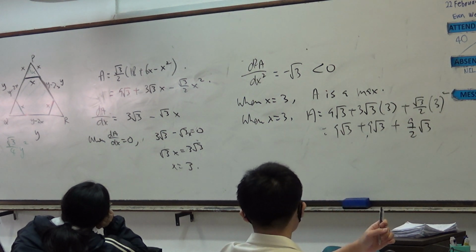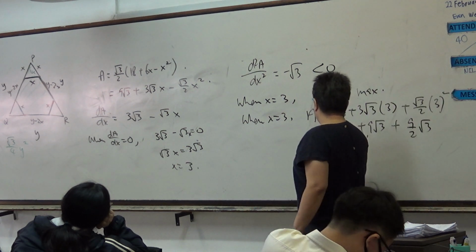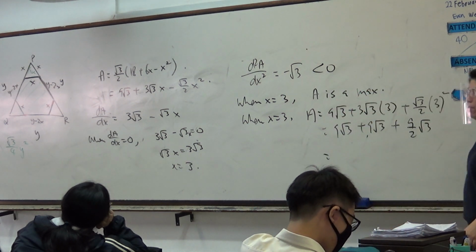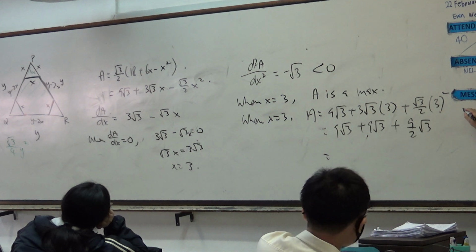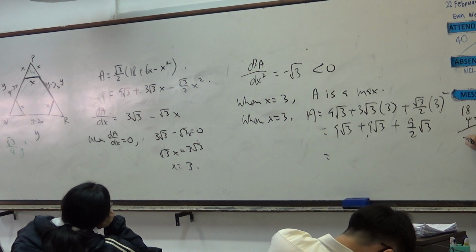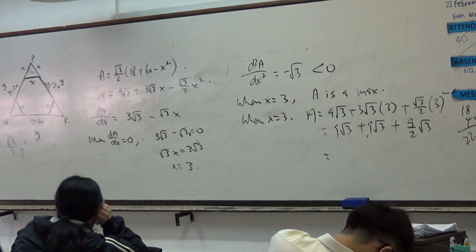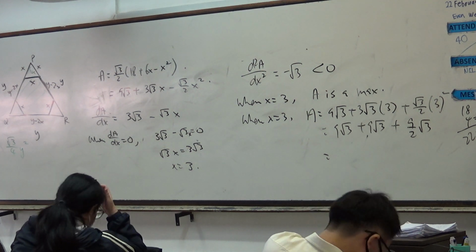Everybody okay? So if I add, 18 plus 4.5. 22.5, right? Is it 22.5?